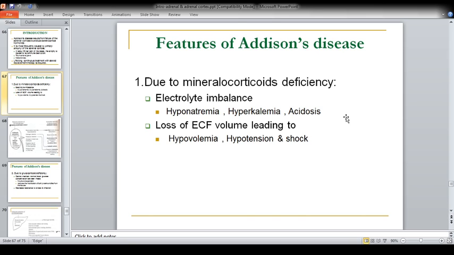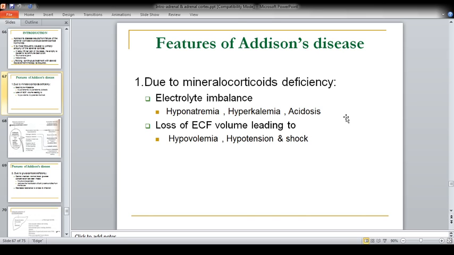Vital organs are our kidneys, our brain, our heart, our liver. These are all vital organs. So if the blood supply to these parts is decreased, multi-organ failure can ensue and the patient can die within 15 to 20 minutes. So due to deficiency of mineralocorticoids, this much could happen.